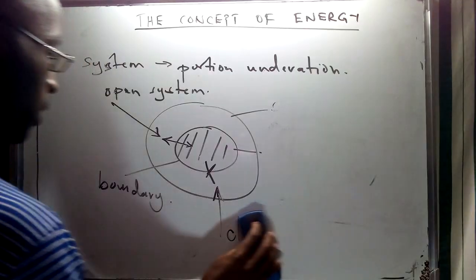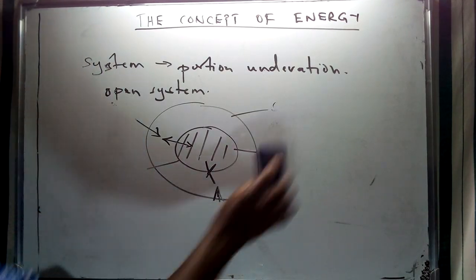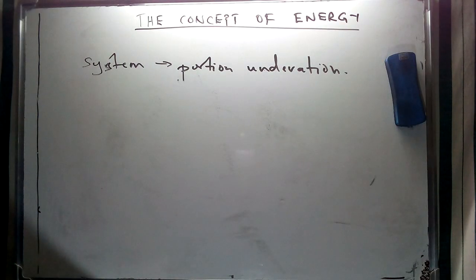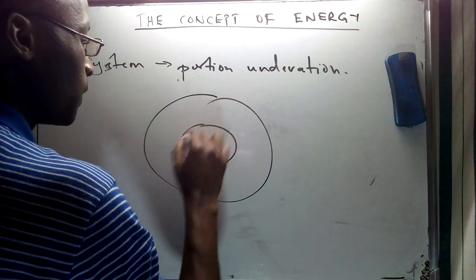So if the heat energy is going to be allowed to be transferred across this specific system and the surrounding, we can just use a different illustration. So suppose we have a particular system given as such, and this is the surrounding.